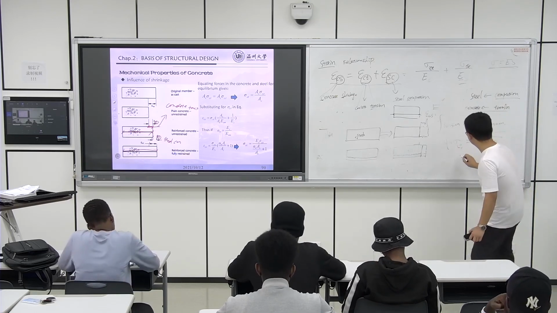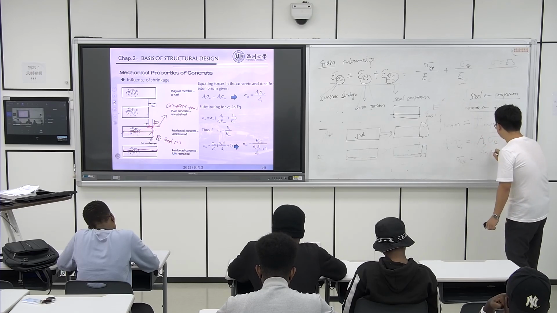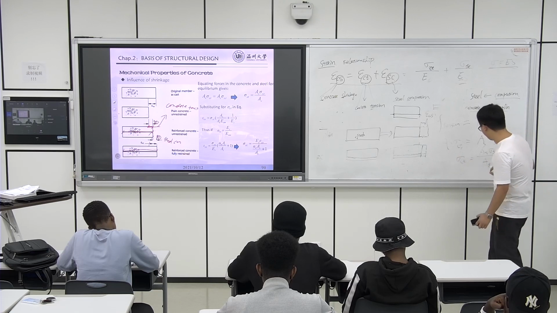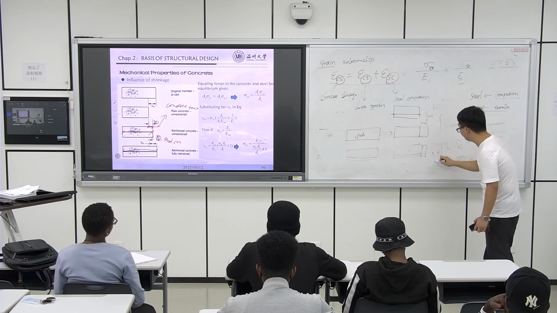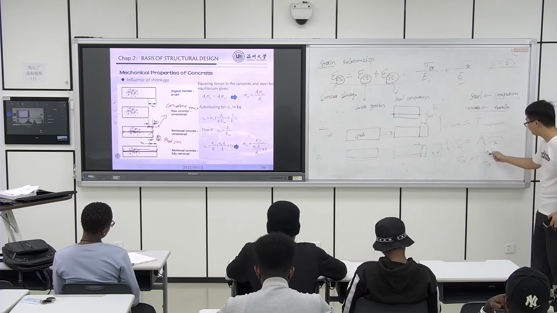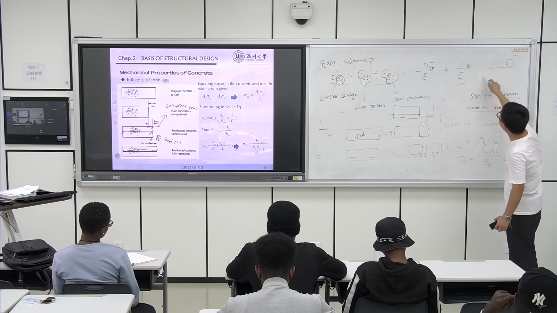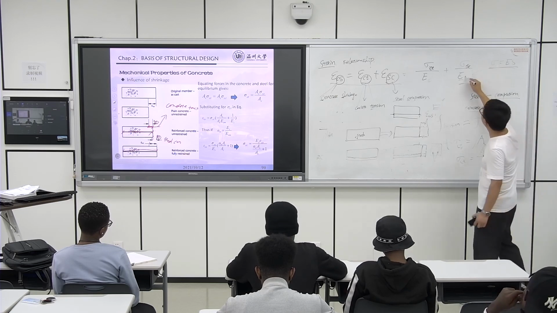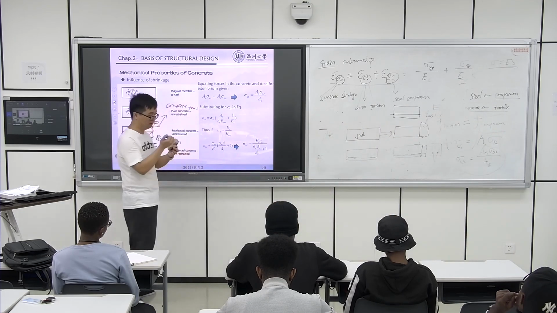So the sigma CT, we just transpose the formula: A times sigma SC divided by AC, right? So in here, the area is the concrete section area, and the steel bar area is the area of the steel bars. So use this formula, substitute in here. Yeah, and from these formulas we can get this.